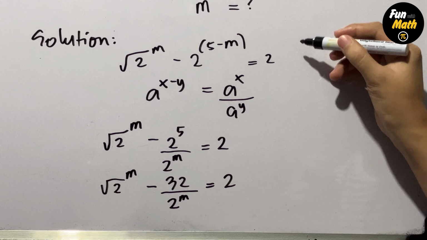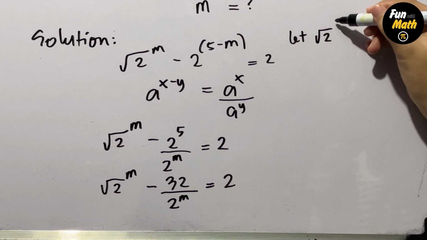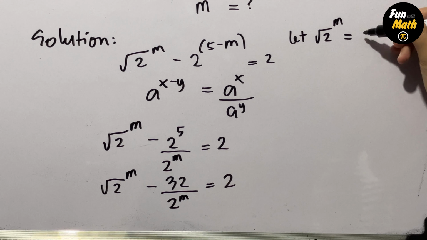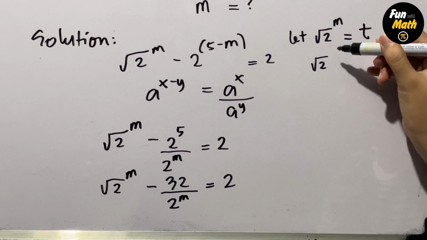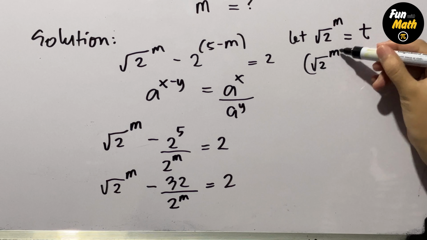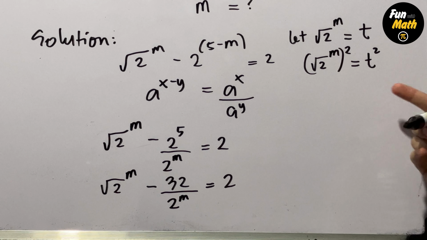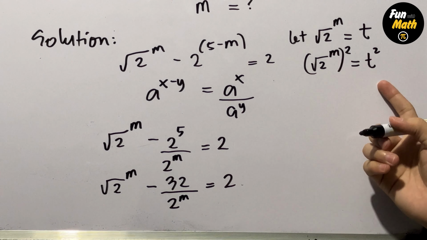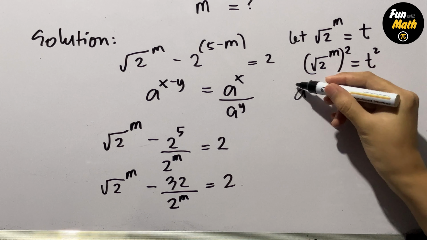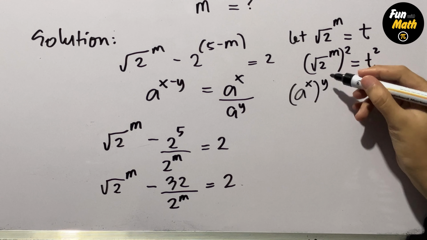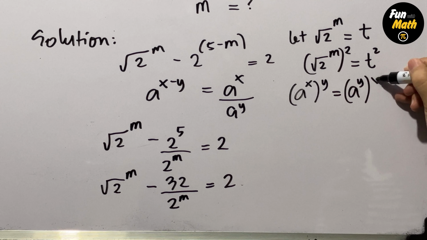Next, we can let square root of 2 to the power of m be equal to t. And that square root of 2 to the power of m, whole to the power of 2, is also equal to t squared. And then for this, using the rule of a power, we have a to the power of x, whole to the power of y, is also equal to a to the power of y, whole to the power of x.